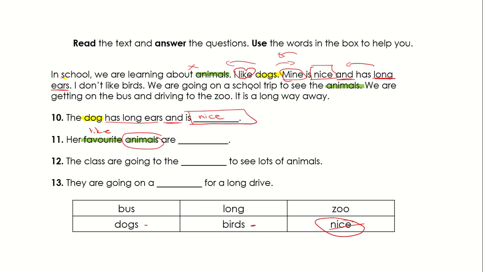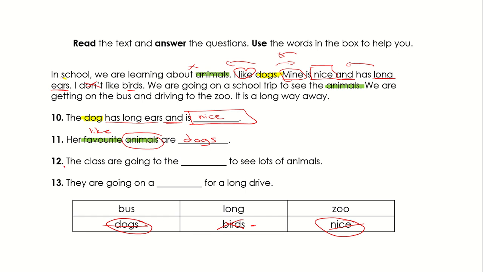I like dogs. What does it say about birds? I don't like birds. So, which word am I going to choose? Dog or bird? She does not like birds, so it must be dogs. Okay, we've used this word. I will cross it out.